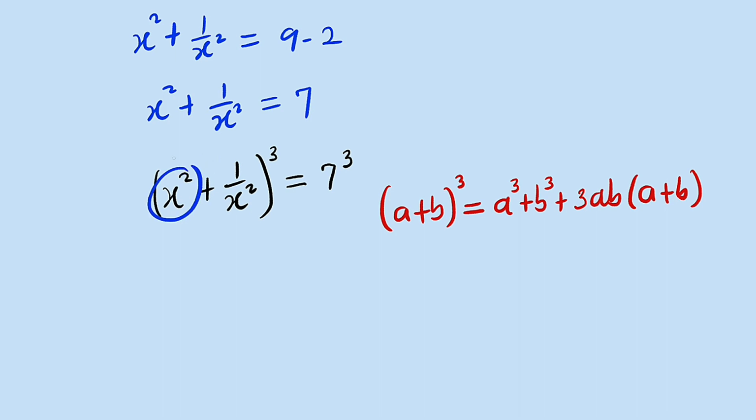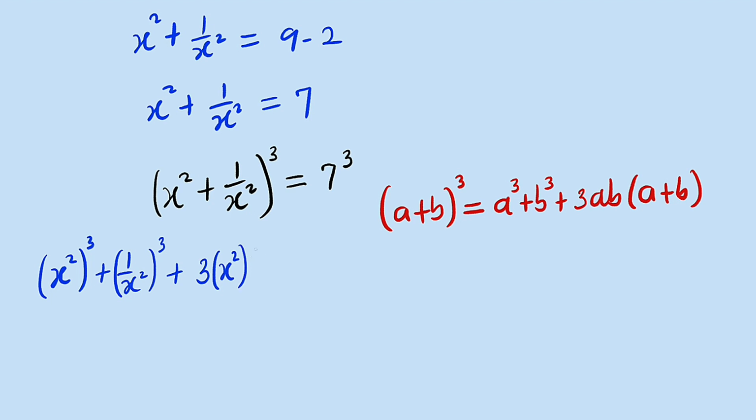So we have a as x squared here. We raise it to the power of 3. We have x squared raised to the power of 3, then plus 1 over x squared all raised to the power of 3, then plus 3 multiplied by a, which is x squared, multiplied by b, which is 1 divided by x squared, then multiply by a plus b, and our a plus b is x squared plus 1 divided by x squared.